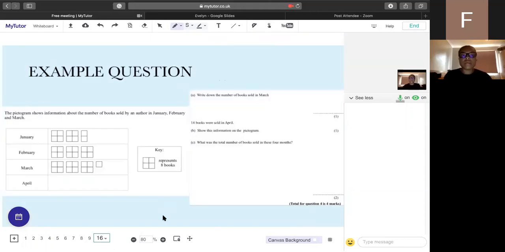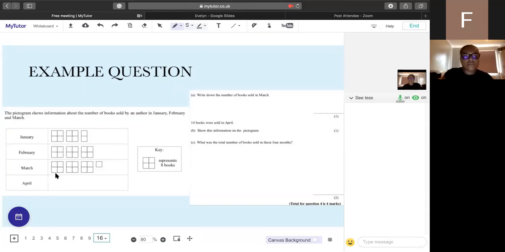So an example question: we've got the pictogram here, which shows information about the number of books sold by an author in January, February, and March. Now, we've got a square, which is split into quarters again, and the whole square represents 8 books. Now write down the number of books sold in March. So we know that if 4 quarters equals 8 books, that means that 1/4 of my square equals 2 books.